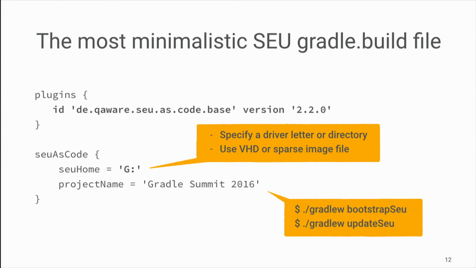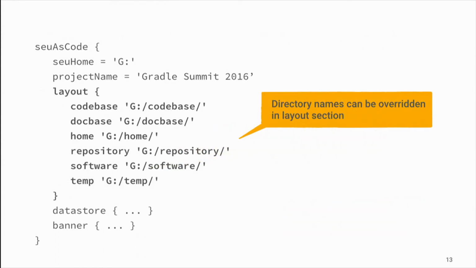But of course, there's a little more. This whole thing lives from default values, convention over configuration, right? But if you want to change it, this is the way you could do it. So currently, the layout is as follows. You could decide I don't need a home, then you could leave this empty, and that directory will not be created. Those are the 1, 2, 3, 4, 5, 6 directories which we find most useful.